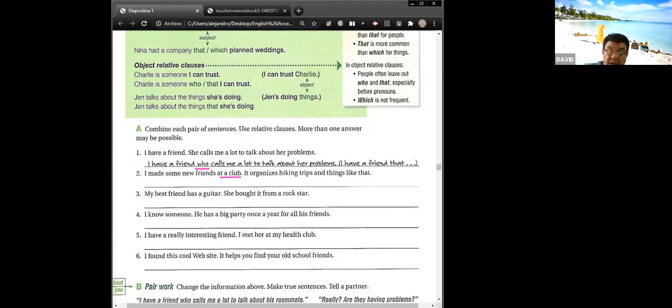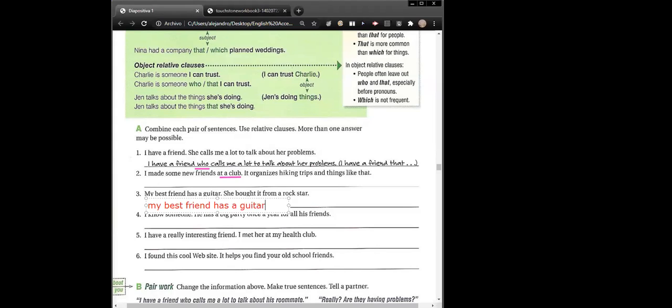My best friend has a guitar. She bought it from a rock star. Okay, it can be, my best friend has a guitar which she bought from a rock star. Okay, has a guitar, which, excellent.